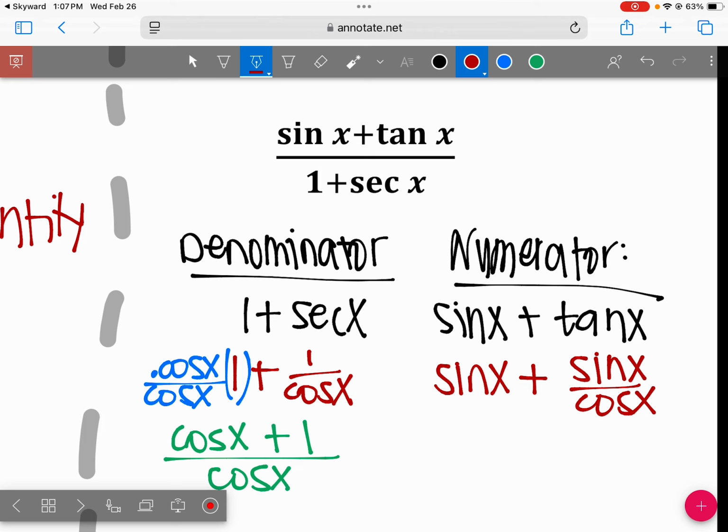Sine x is not currently a fraction, but it is. There's always a little imaginary 1 down there. So right now, we have a denominator of 1 and a denominator of cosine x. In order for them to have like denominators, we're going to multiply this left fraction again by cosine x.